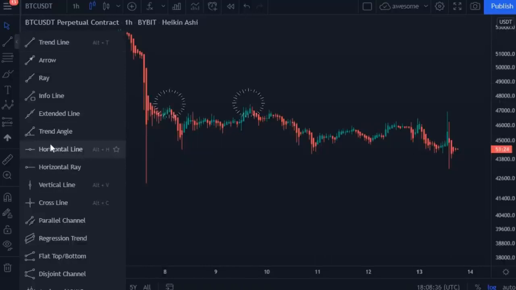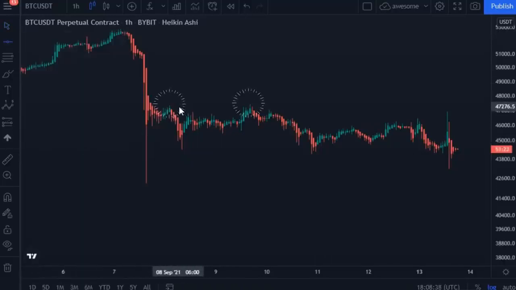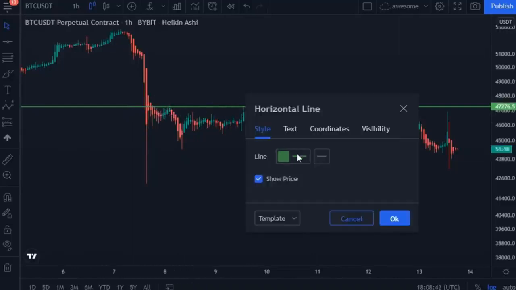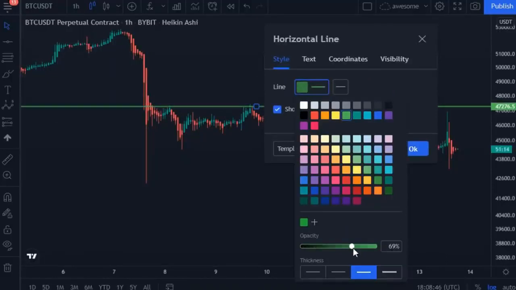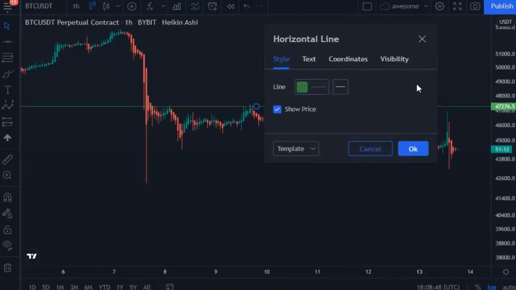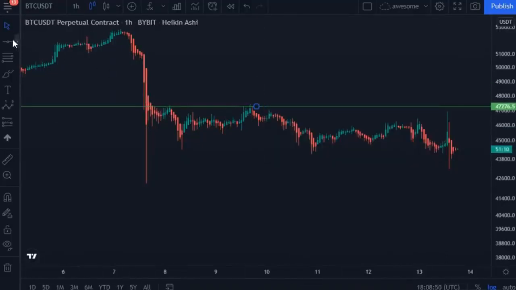To draw resistance lines, choose two peaks close to each other, like these peaks. To draw support lines, choose close bottoms and place the line close to them.